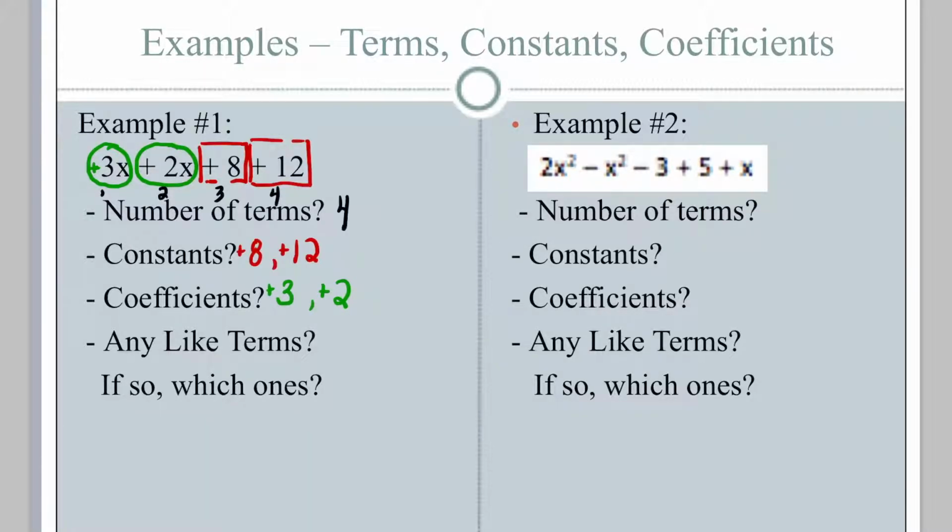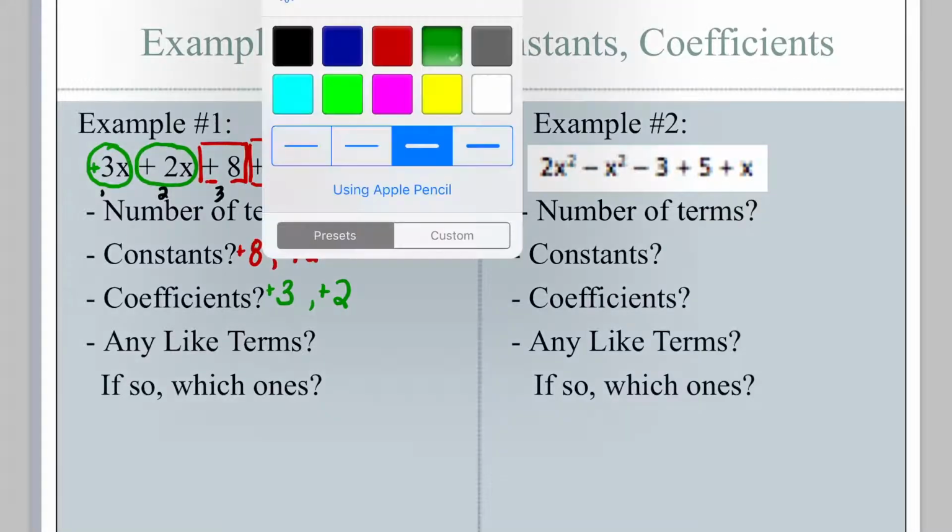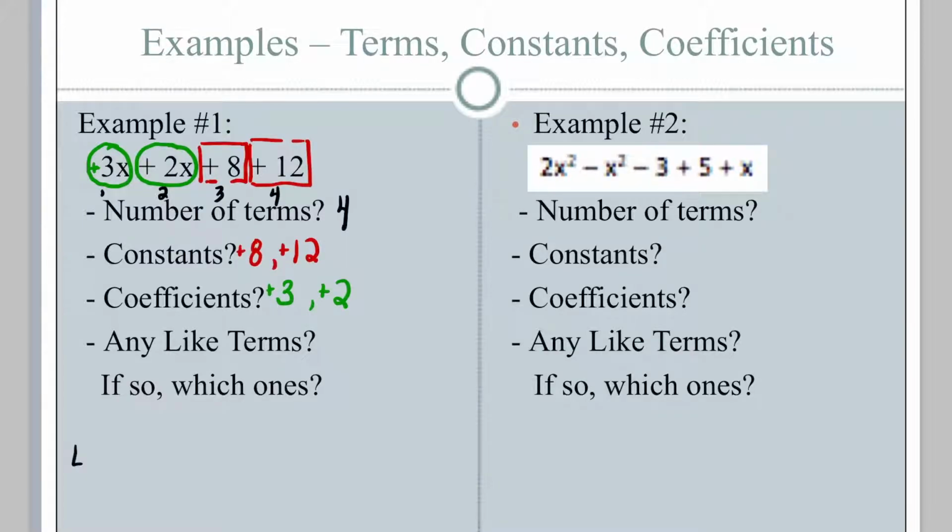And so now, like terms. For a definition, let's just look at it.